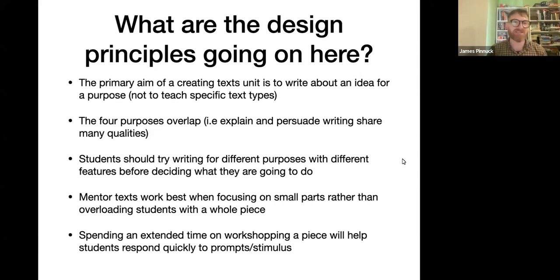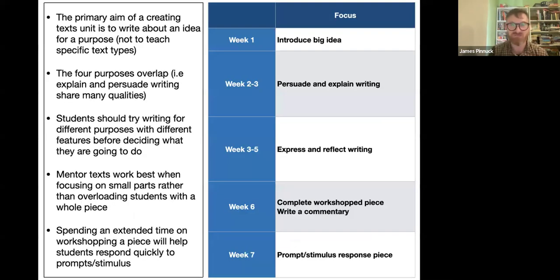So it's not about teaching a specific text type, it's about teaching kids how to write purposefully. So that's why you spend a couple of weeks on persuade and explain writing. So you're teaching kids how to write for those purposes, and you're doing it in a more efficient way by pointing out the links between these two pieces, these two purposes.